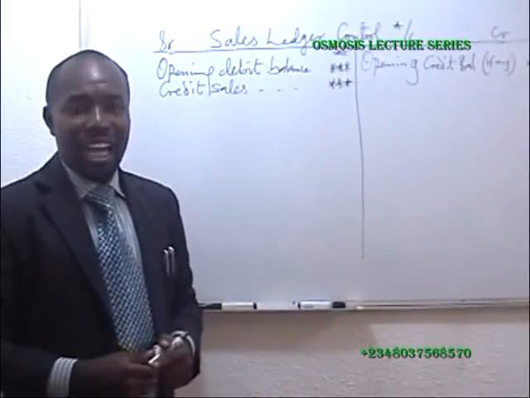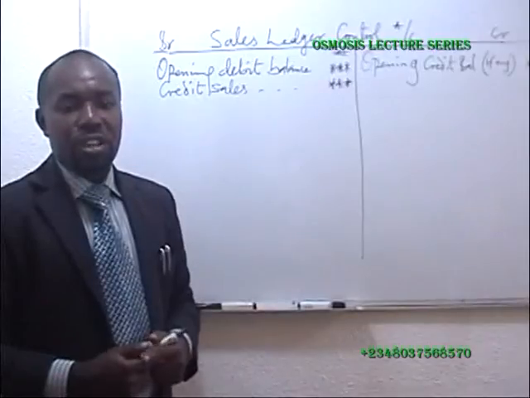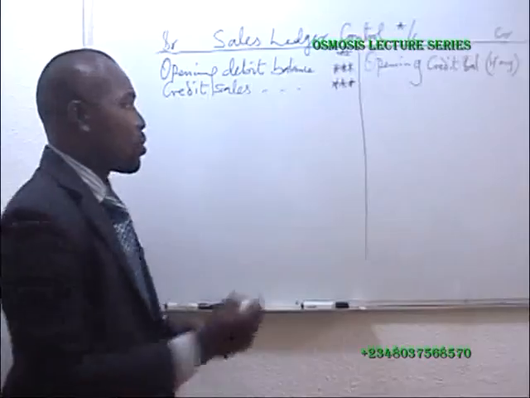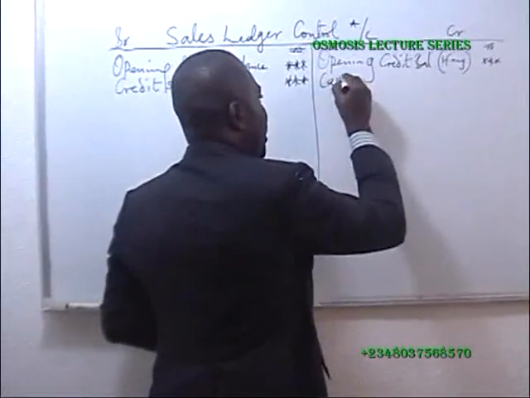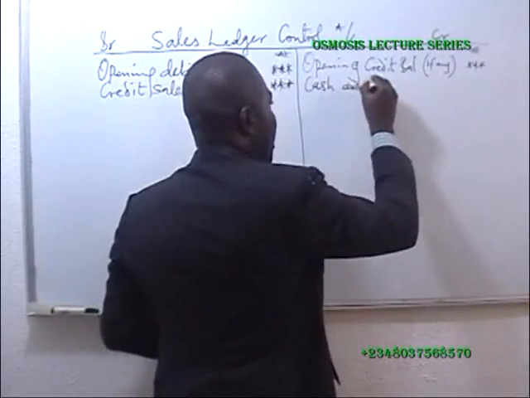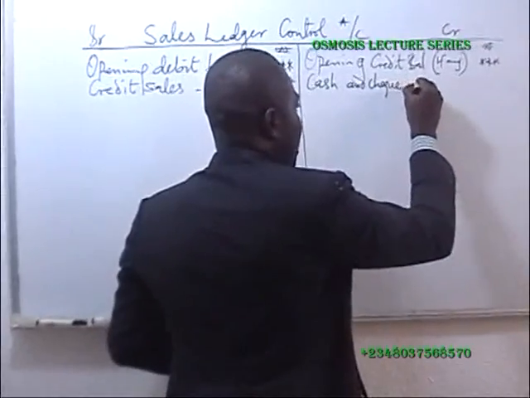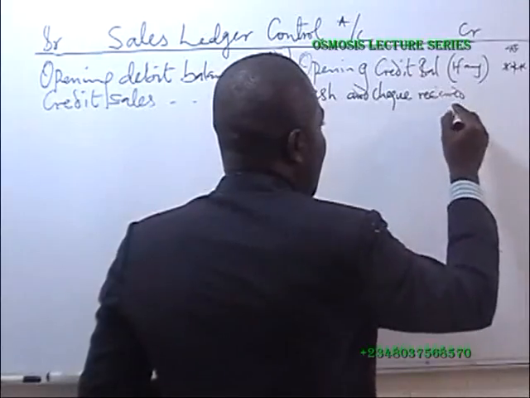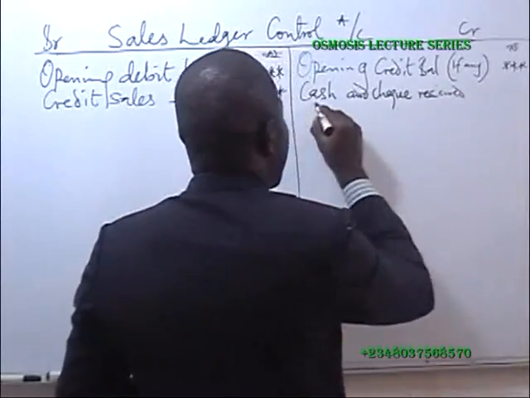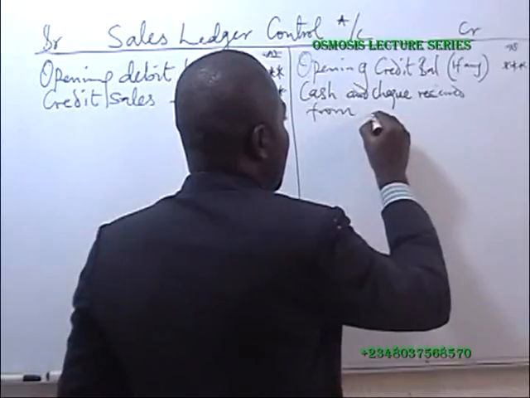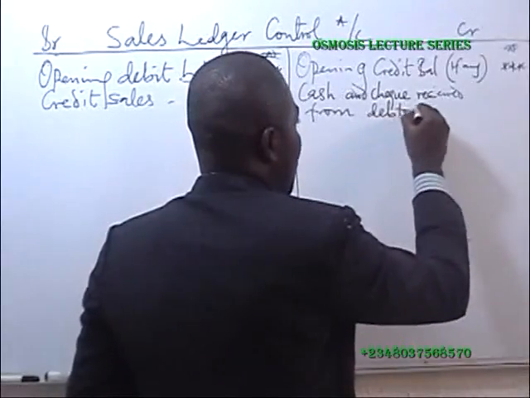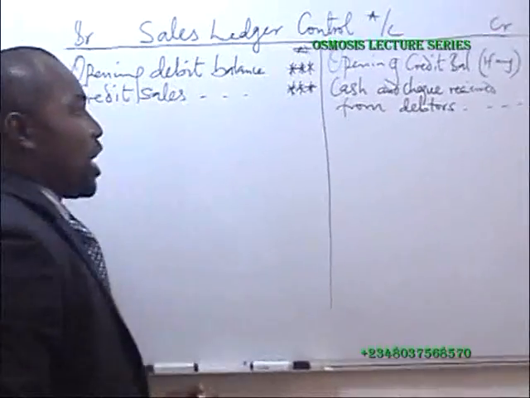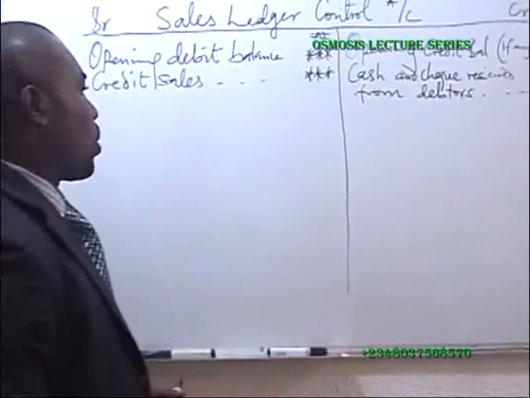You can write cash and cheque received from customers or debtors. Just say debtors so that you know what you are doing. Cash and cheque received from debtors.